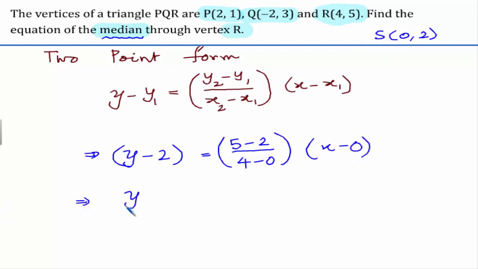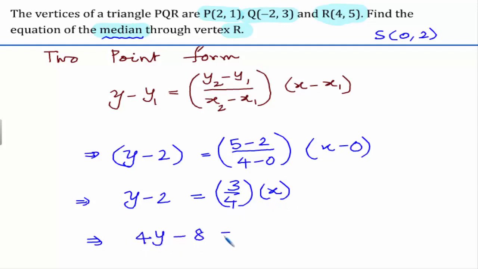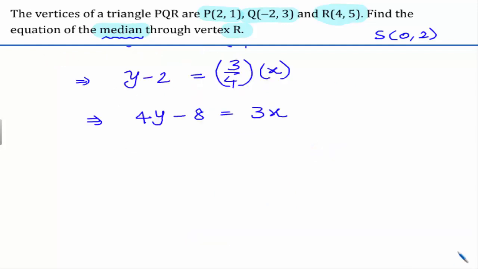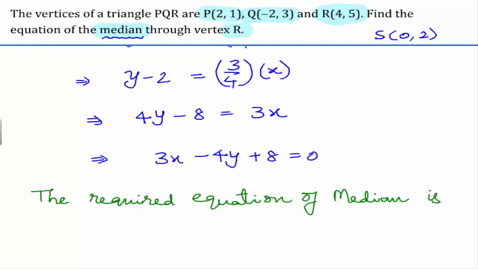This is y minus 2 is equal to 3 by 4 into x. Then on simplification we get 4y minus 8 is equal to 3x. So that implies 3x minus 4y plus 8 is equal to 0. So the required equation of the median is 3x minus 4y plus 8 is equal to 0.